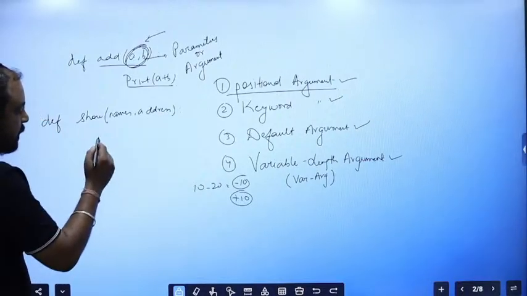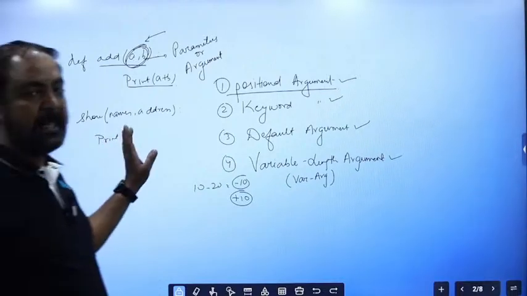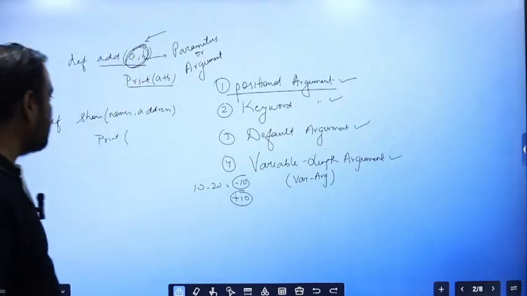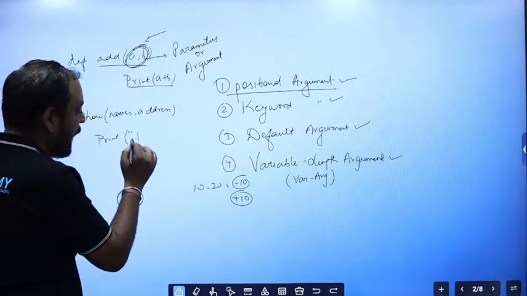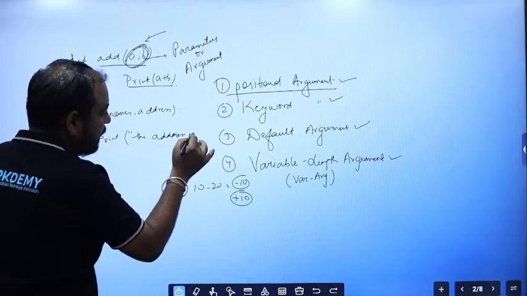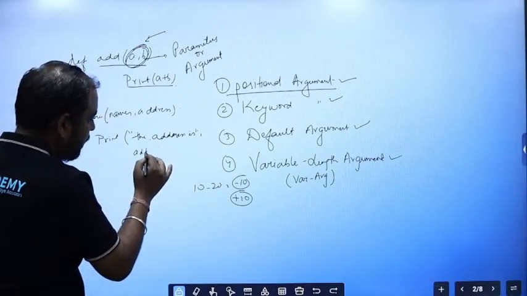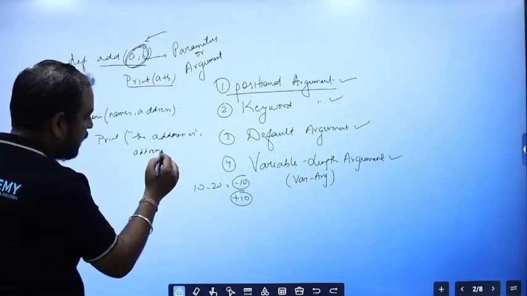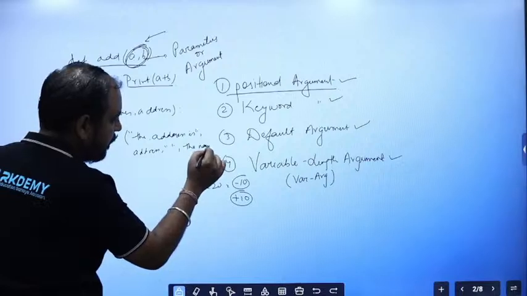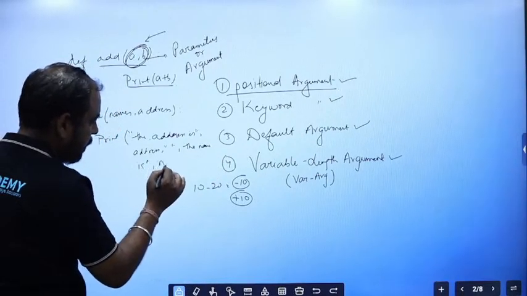And after that, I want to print. See, position doesn't matter. I can print name first or address first. So I want to print the address first. The address is, in double quotes, comma address, and after that I want to provide some space, comma, the name is, and I'm going to provide some name like this.